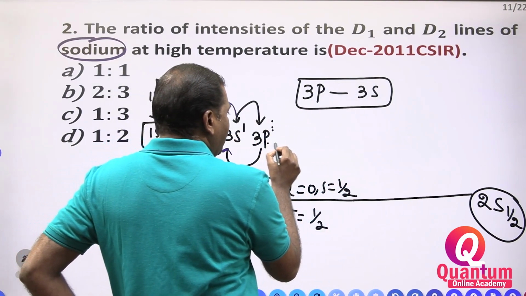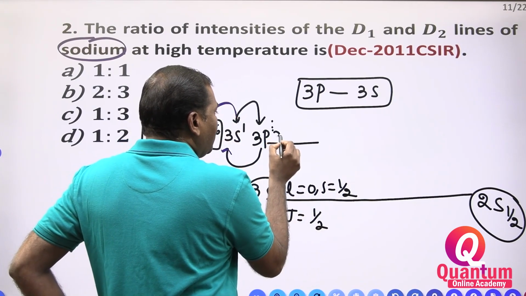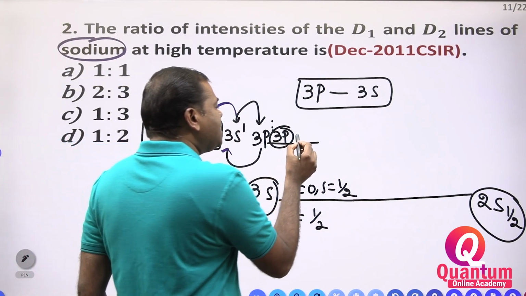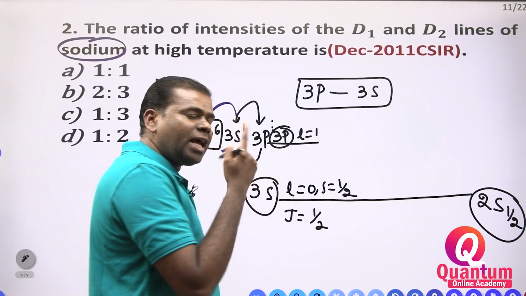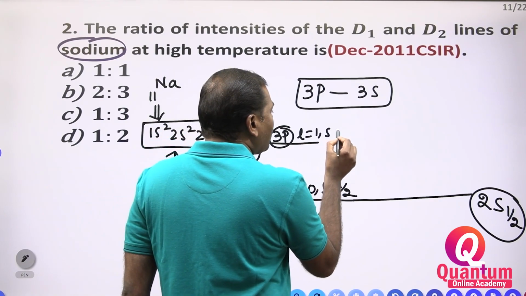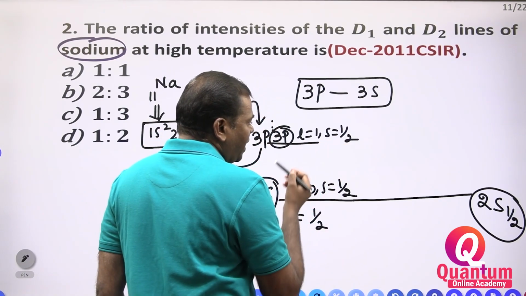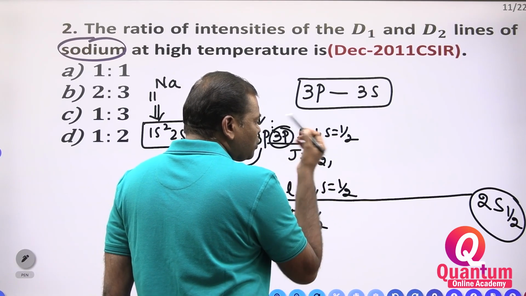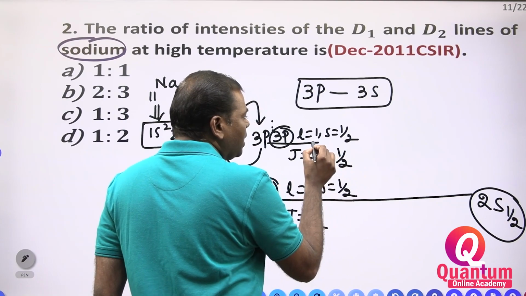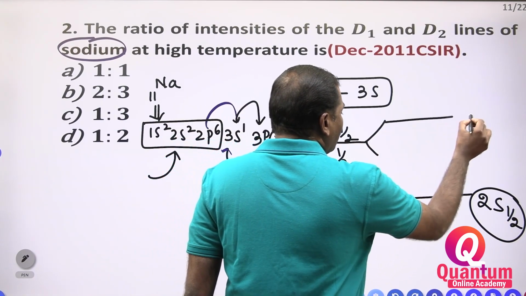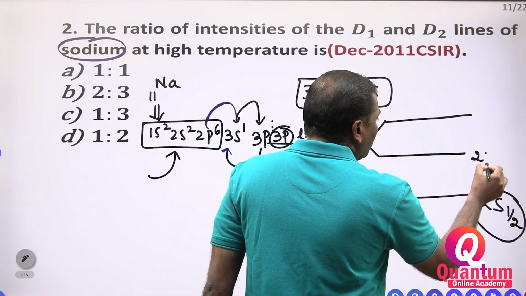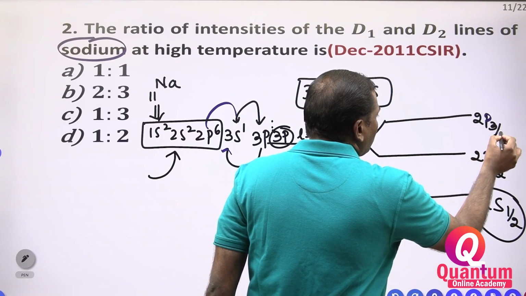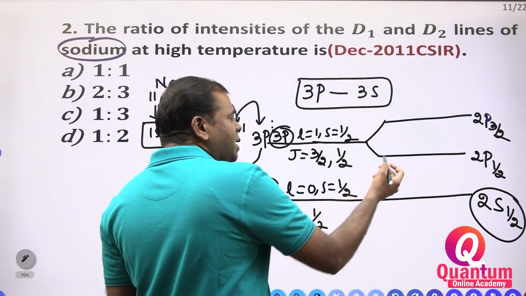Now the 3p state: L is equal to 1, S is already 1 by 2, and J, if you add, you get 3 by 2, and if you subtract, you get 1 by 2. Therefore how many states come? 2P 1 by 2 and 2P 3 by 2. There is a transition.